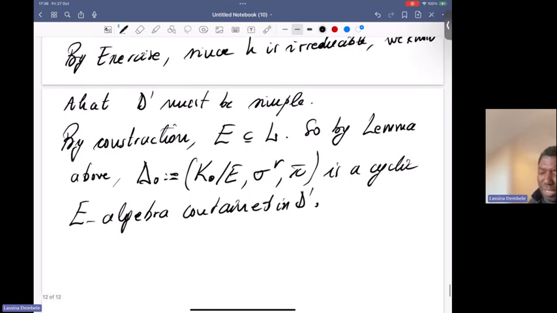Right? E is contained in D prime, the generator. So if you look at it, by construction, this algebra is contained in D prime.